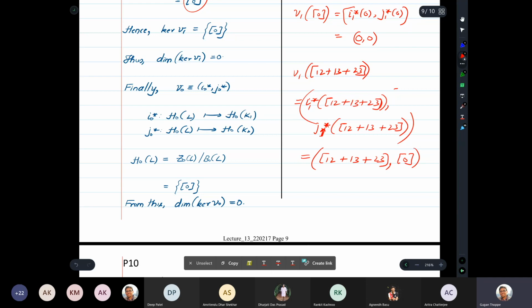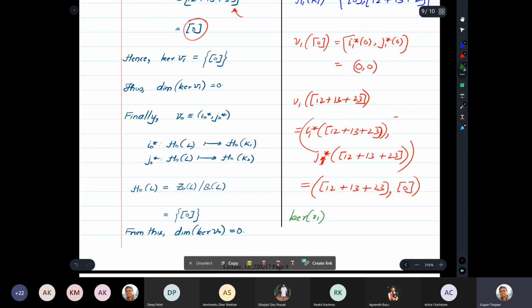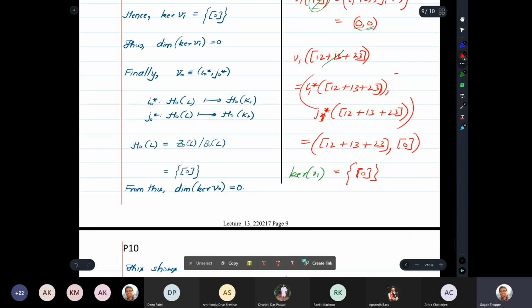Is this okay? Now, if someone asked you what is the kernel of nu 1, we have to basically look at how many elements get mapped to (0, 0). The only element that gets mapped to (0, 0) is this equivalence class of 0. That's why the kernel of nu 1 will only include this, and from this, one can conclude that the dimension of the kernel of nu 1 is actually 0.